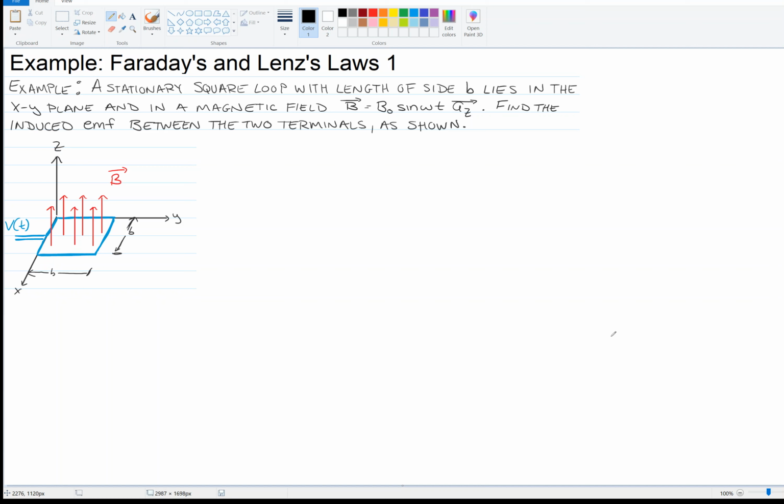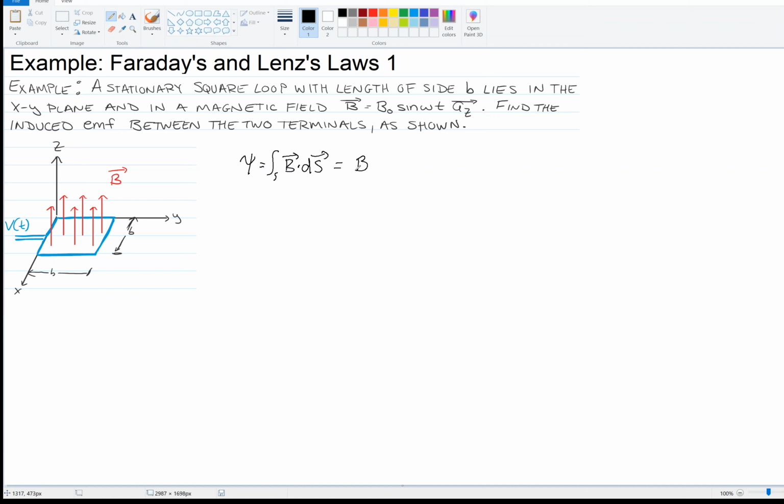So let's figure out what the flux of this thing is. So flux is, of course, the integral over S, the loop surface area, of B dot dS. Okay, now, in this case, B and dS are parallel with one another, right? And so this integral is very simple.